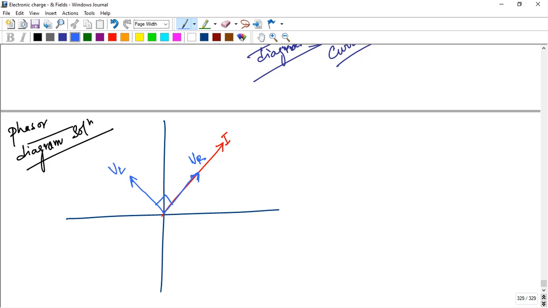And the potential drop across the capacitor, VC, lags the current by pi by 2.